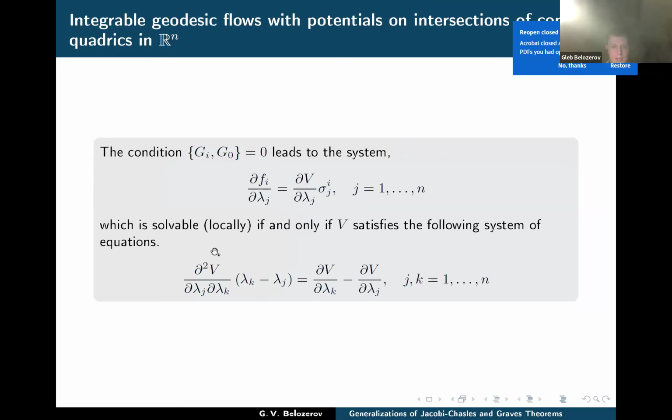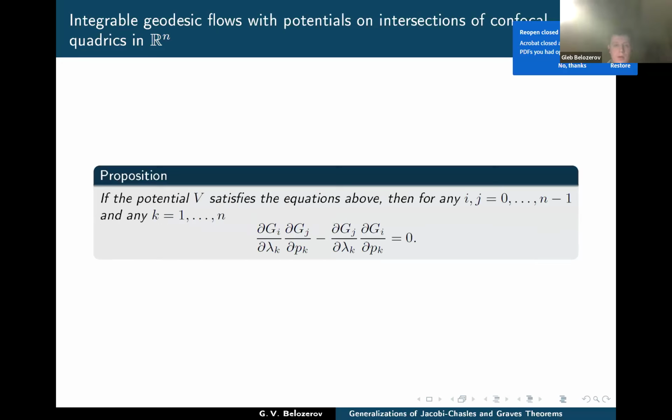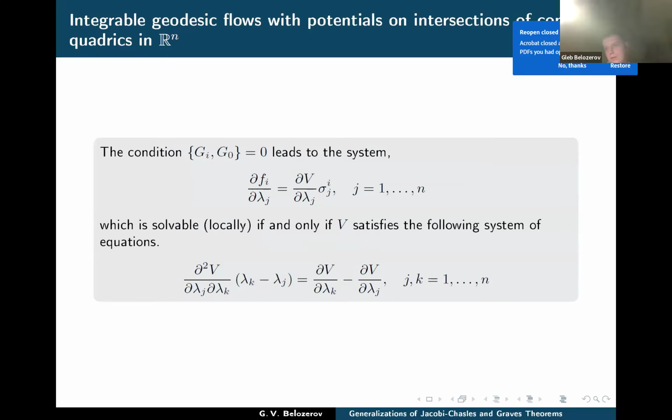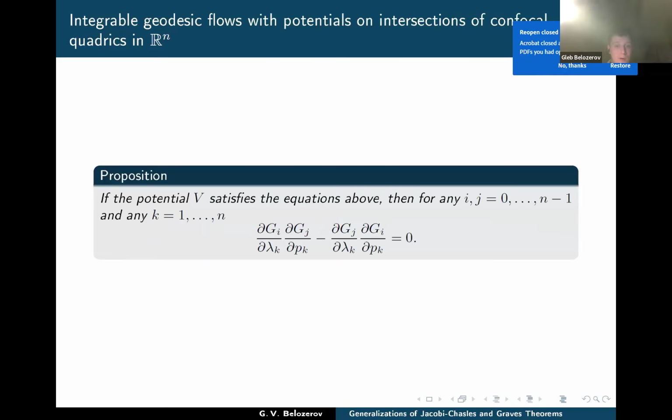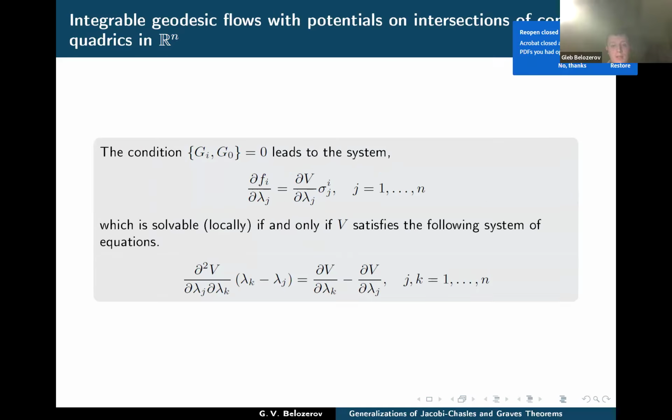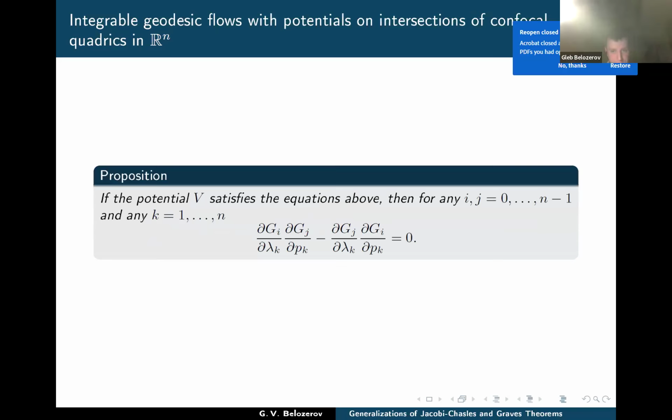You can see it here. What is interesting that I can tell about this system: if V satisfies this system of differential equations, then the functions g_0, and so on, g_(n-1), commute with respect to any partial Poisson brackets.